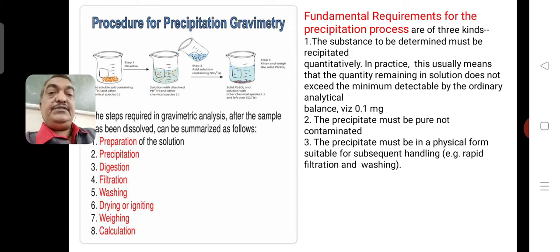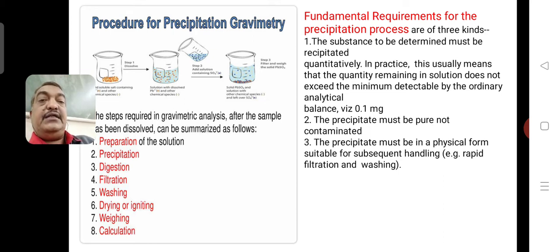In this step, a suitable reagent is added so that the solution forms a precipitate. That means in the above case, when you add sulfuric acid to the lead chloride, lead sulfate precipitate starts forming. So this is the precipitation process.